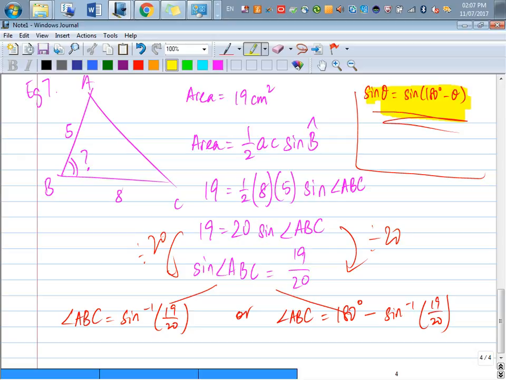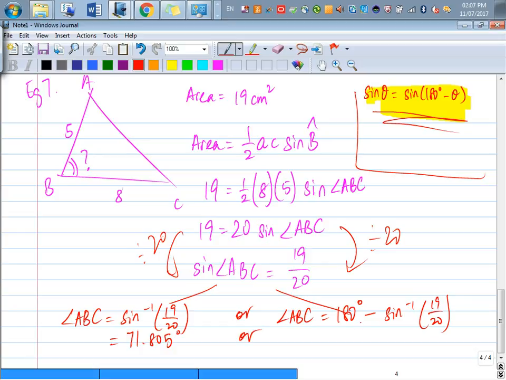Okay? Now, we continue to solve. How much is sine inverse 19 over 20? Okay, yeah, you get 71.805 degrees. I leave it to 3 decimal places first.